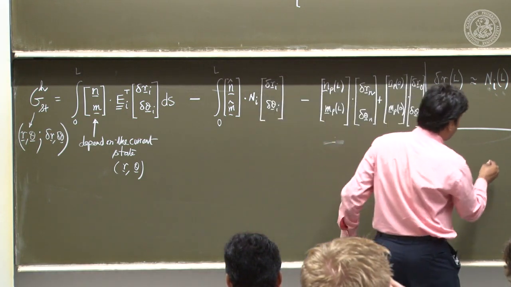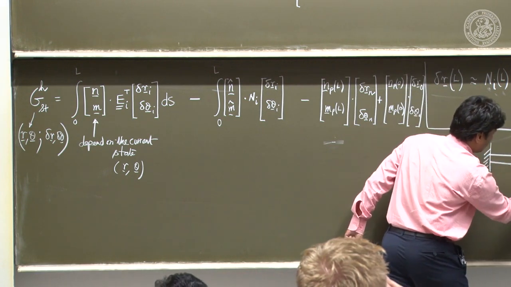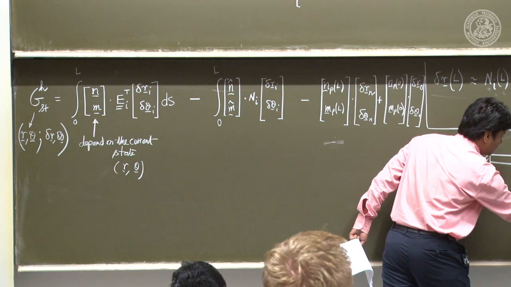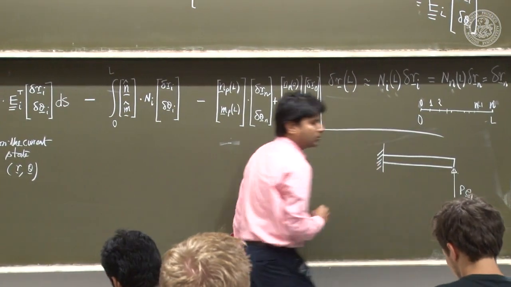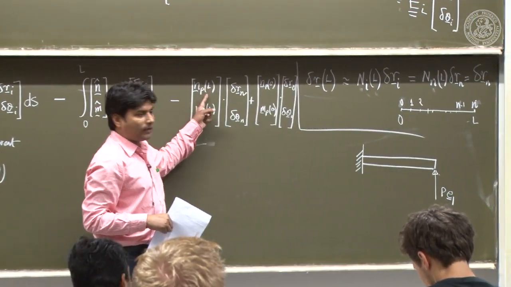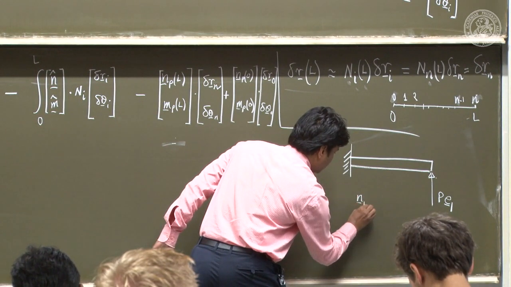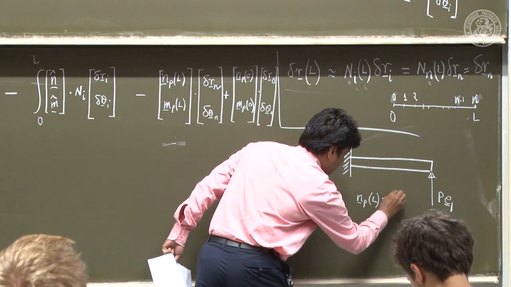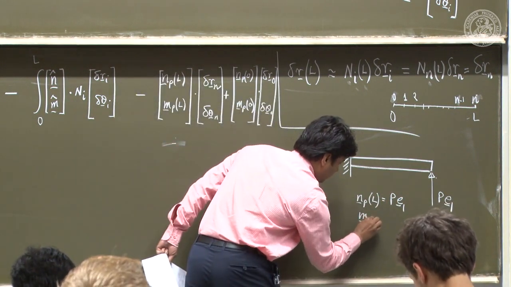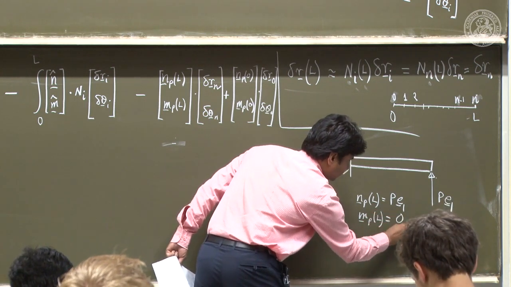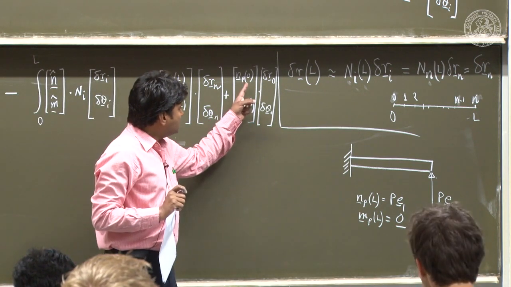In case of cantilever, for example, when you have a cantilever which is clamped at one end and you are applying a force at the other end, let us say P E1, then NP of L is simply PE1. So, that is what you are going to put here, and MP of L is 0. You are not prescribing any moment. What about NP at 0?